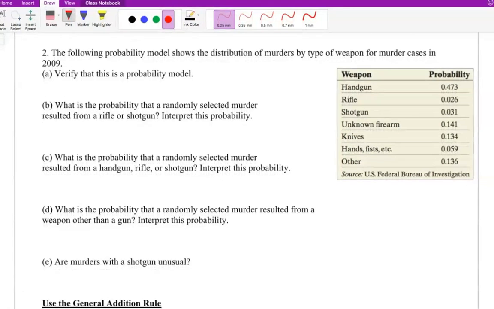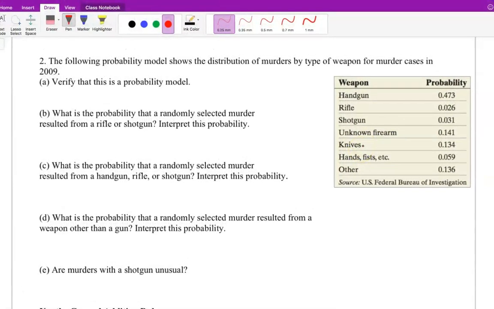Now number 2. The following probability model shows the distribution of murders by type of weapon for murder cases in 2009. Part A: verify that this is a probability model. What that means is each one of these probabilities should be between 0 and 1, and adding all of these, we should have the total equal to 1.